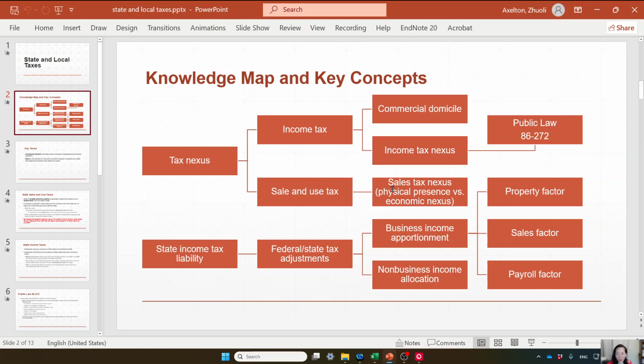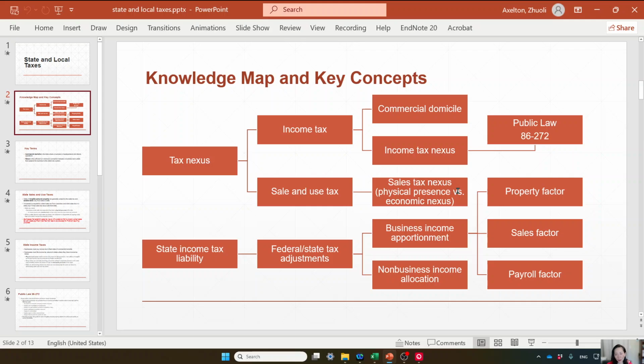Sales and use tax has something similar. Particularly with sales tax nexus, we're going to focus on the difference between physical presence versus economic nexus. Of course, physical presence will be the default.